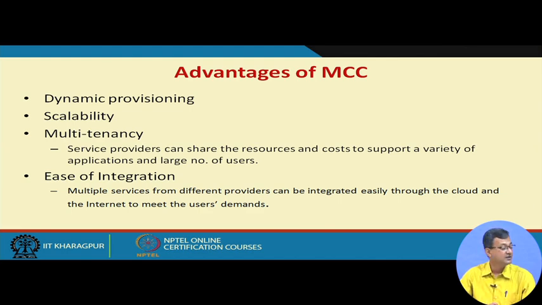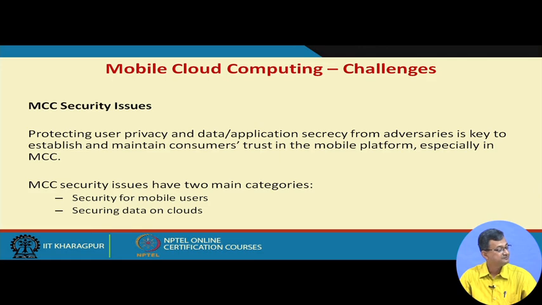Ease of integration, multiple services from different providers can be integrated easily through the cloud and the internet to meet the users demand, right. So, I can have standardization in one place, I can connect different devices and types of things through the cloud, and I can have integration of the things.